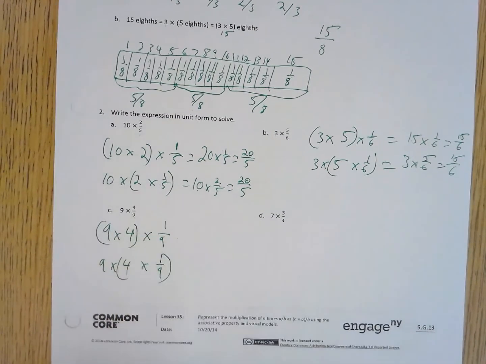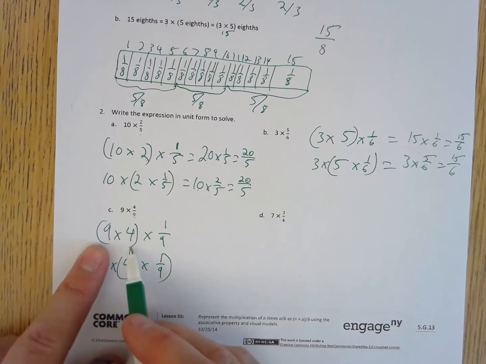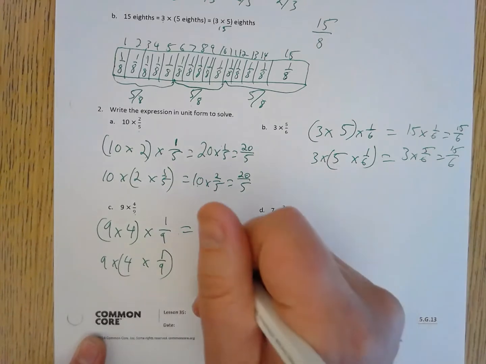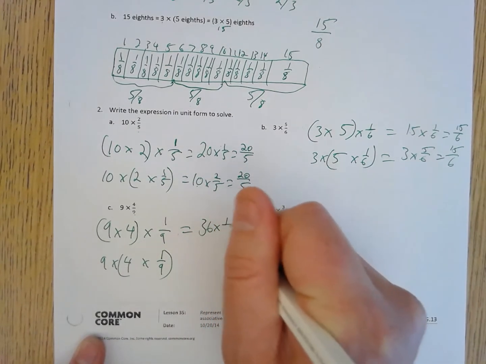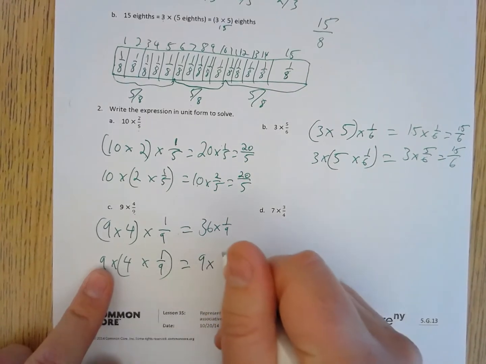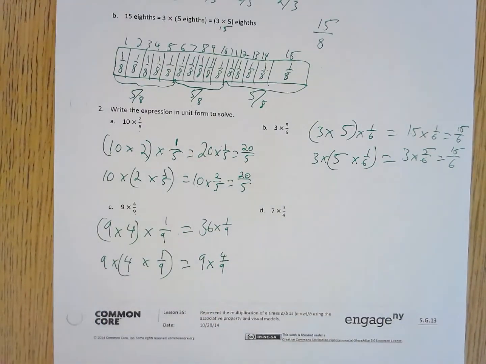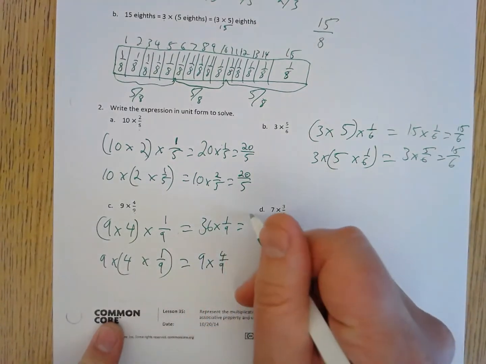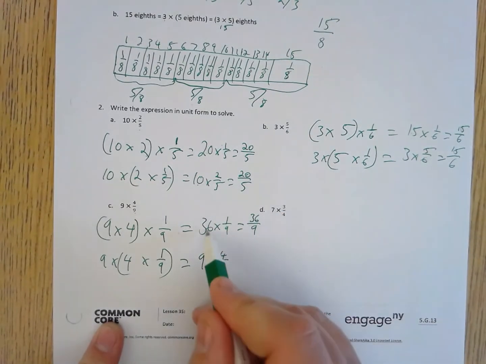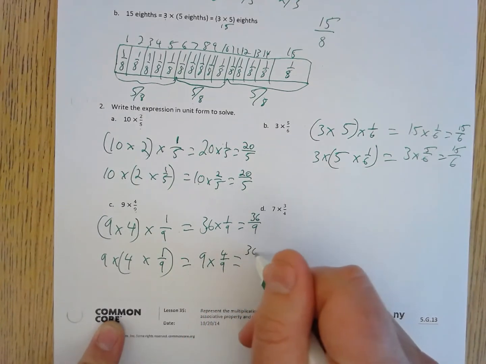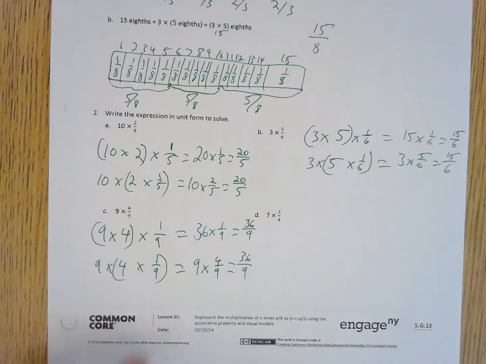And then we do our parentheses around the 9 times 4 and the 4 times 1/9. So 9 times 4 is 36 times 1/9. And this is going to be back to our original problem. Okay? So now, how many ninths do we have? We have 36 ninths. We're just multiplying 36 by 1. And here we're multiplying 9 times 4 to get 36 ninths.